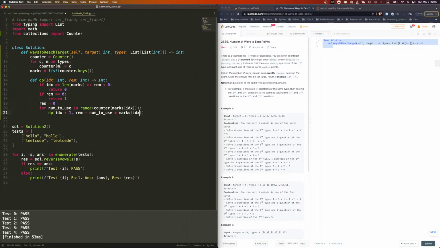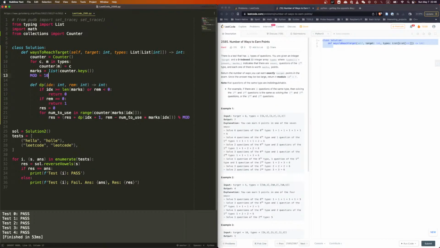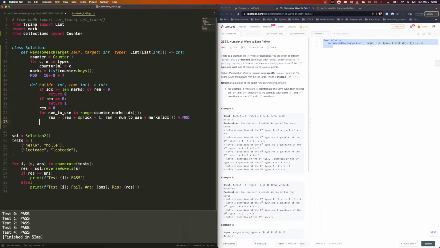That's the remaining. So res shall equal res plus this, mod. Every time you use this, what's the total number? While we're doing that, we're going to return res.